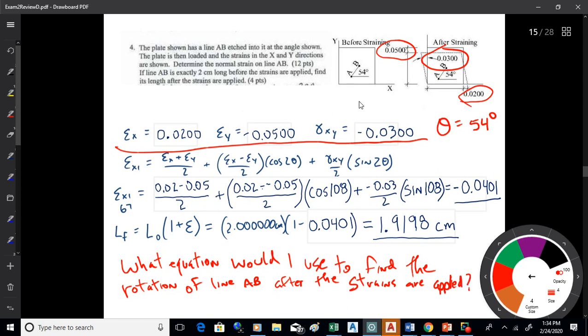What equation would I use to find the rotation of line AB after the strains are applied?